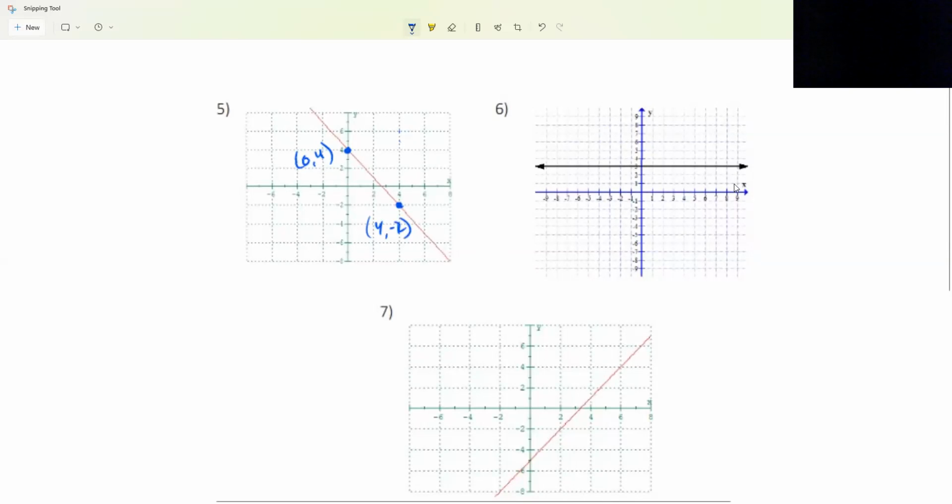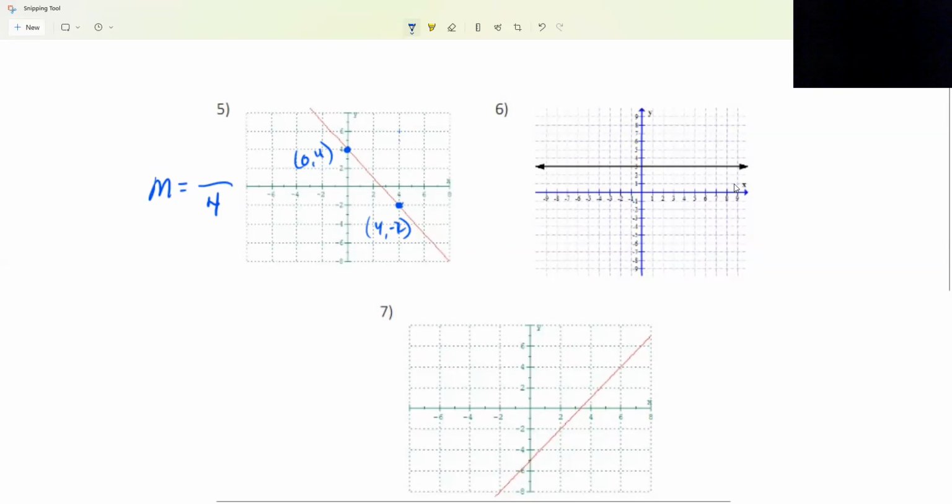So you could take those and plug them into the slope equation and come out with the slope, or you can just make it a lot easier. You can say, how many do I need to go over and how many do I need to go down to get from this point on the y-axis to this point? I'm going to go over 4, so that's on the bottom because you're moving left to right.